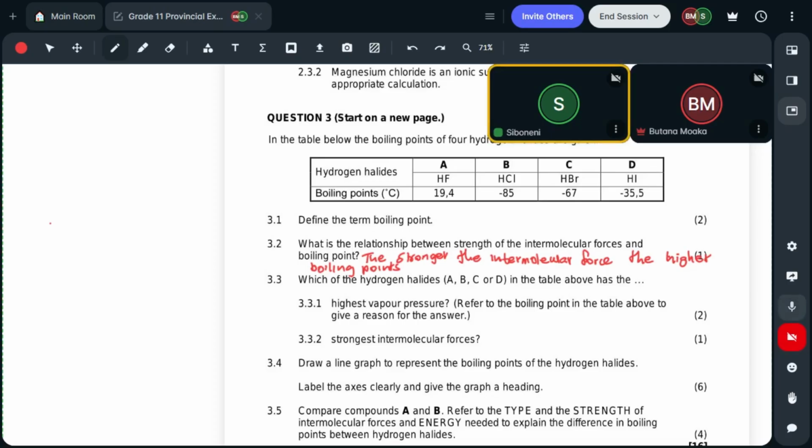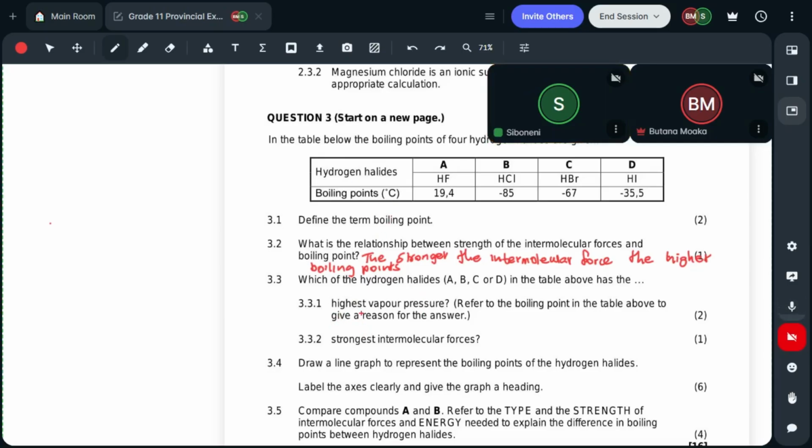Remember, you need to look at the one with the lowest boiling point. The lower the boiling point, the higher the vapor pressure. So if you are looking for the one that has the higher vapor pressure, you need to look for the one that has the lowest boiling point, and give that as a reason.